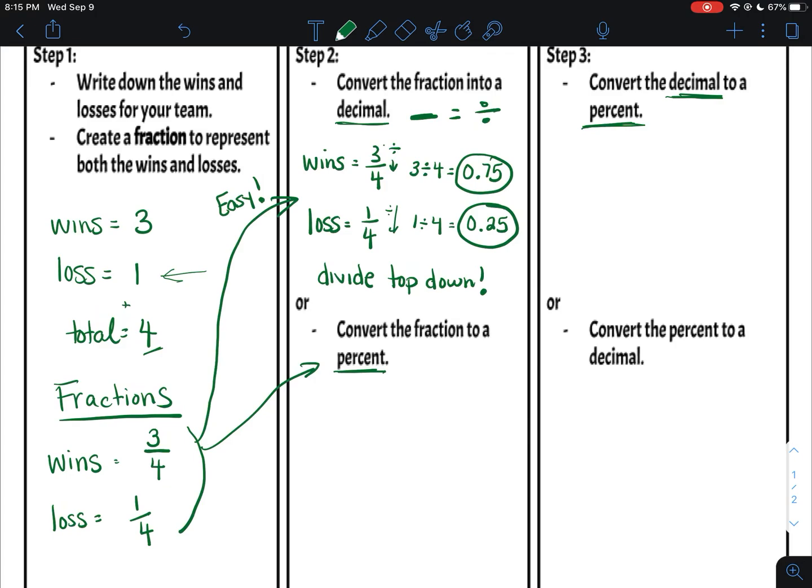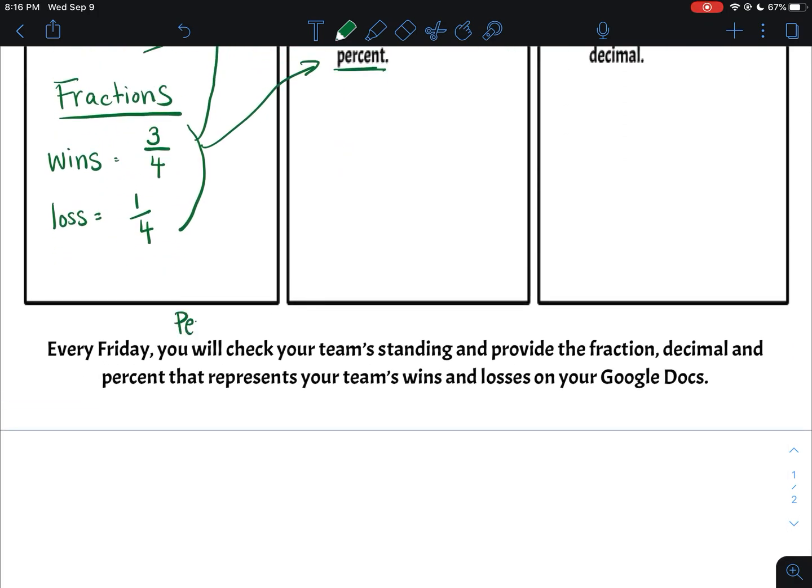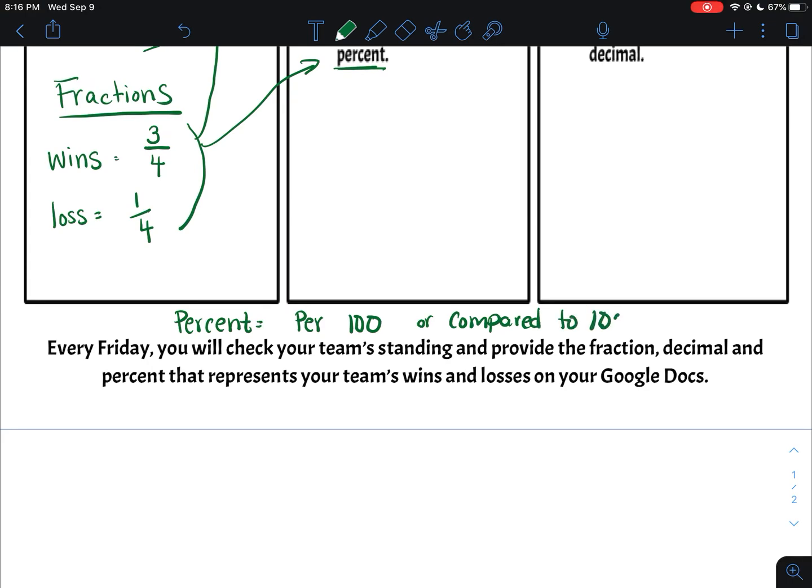Just to give you an idea of what a percent is, the word percent means per 100, or compared to 100.